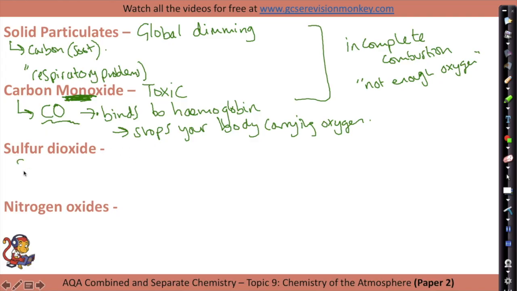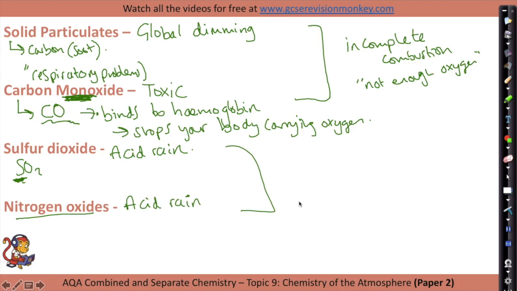Sulfur dioxide is SO2. This comes about if you have sulfur as an impurity in your fuel and that reacts with oxygen, you end up with sulfur dioxide, and that can cause acid rain. Nitrogen oxides can also cause acid rain, both of which can lead to respiratory problems as well.